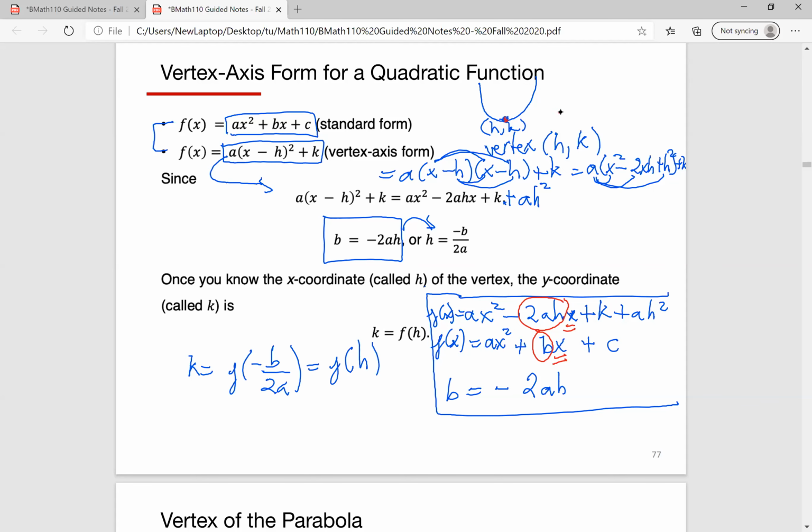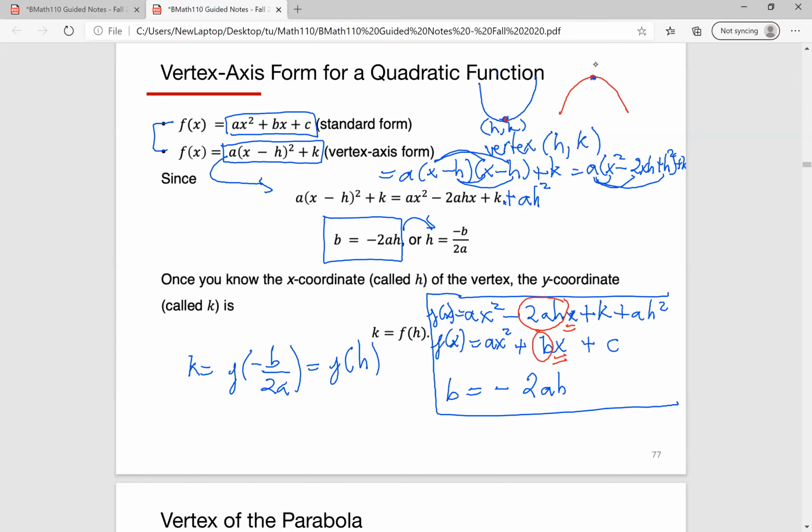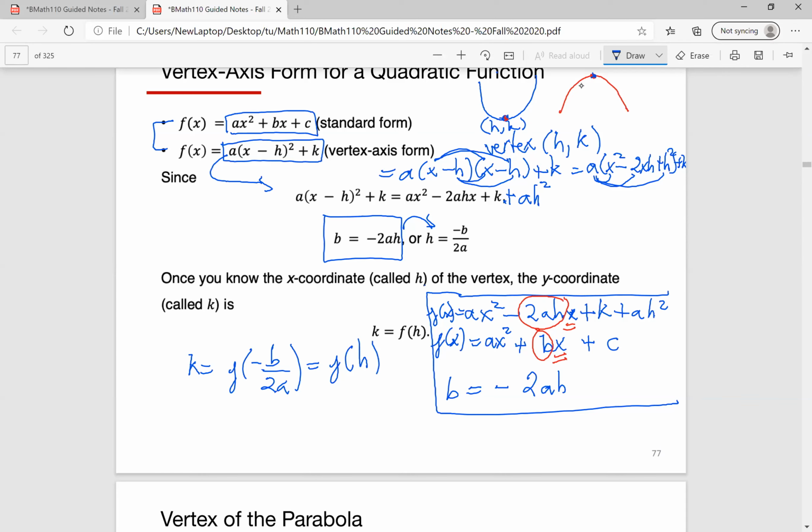And for the downward parabola, the vertex will be the highest point, or the maximum point. So it should be here, and it's also called h comma k.